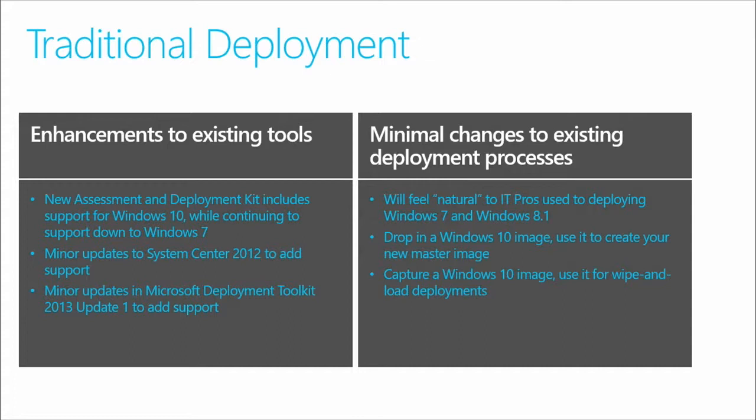Yeah, and from a task sequence perspective, if you were to try to compare a new Windows 10 task sequence with an old Windows 7 task sequence, unmodified, before you tweaked it, they're going to look exactly the same. So it's not like you need to learn a bunch of changes in the process. It hasn't changed at all.